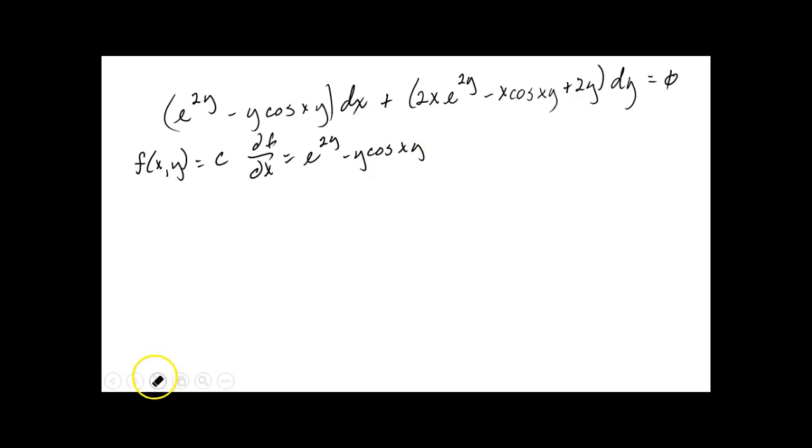Okay. Now, if that's the case, we're going to treat it as if it's only a function of x, so we're going to write df is equal to e to the 2y minus y cosine xy dx. We're going to write it as a differential with the single variable x, and then we're going to integrate with respect to x alone, both sides.